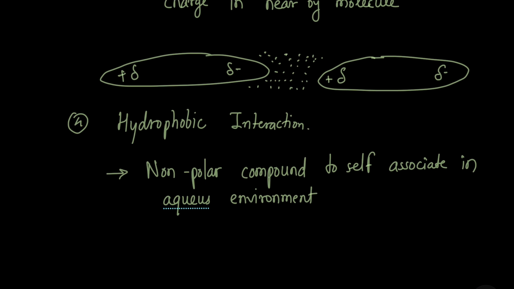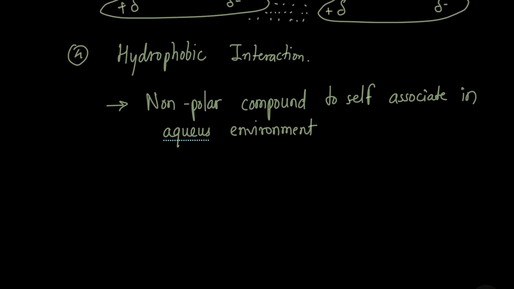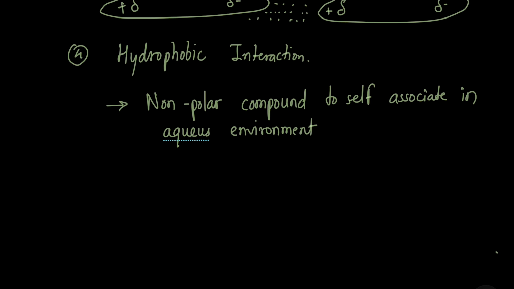Okay, let's see the bond strength of all types of bonds. First one, strongest one is a covalent bond with the energy of 80 kilocalories.